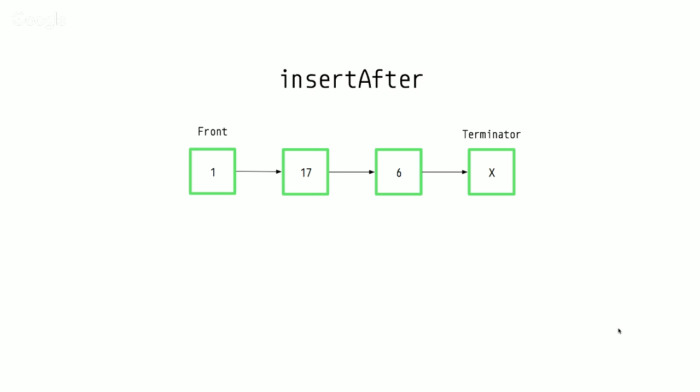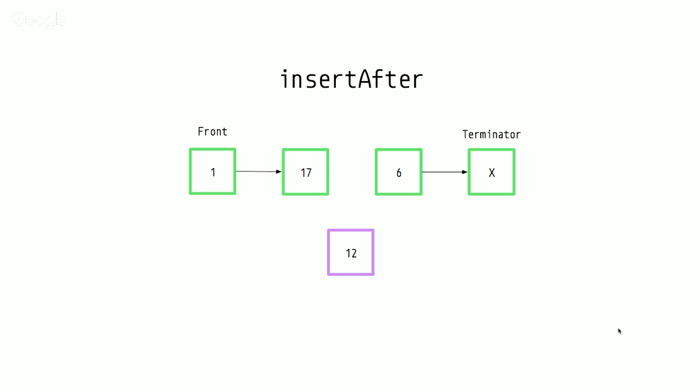The next thing is insert after. So you can imagine that you might want to put an element between 17 and 6, and that kind of thing should be possible. So we can insert nodes arbitrarily wherever we want into the list. To do that, we're going to insert 12 between 17 and 6.